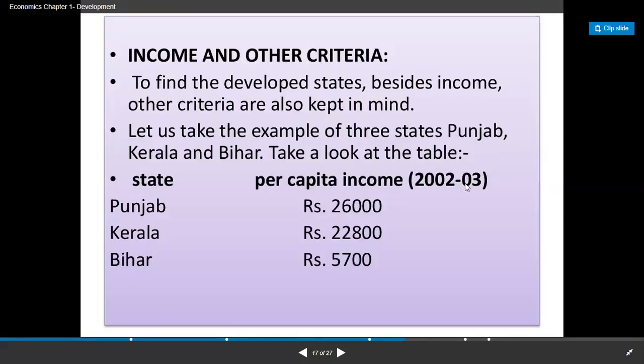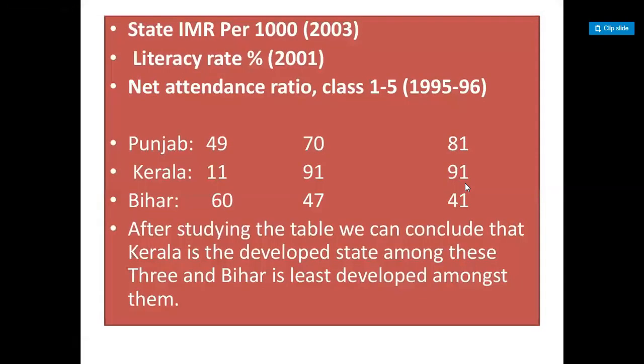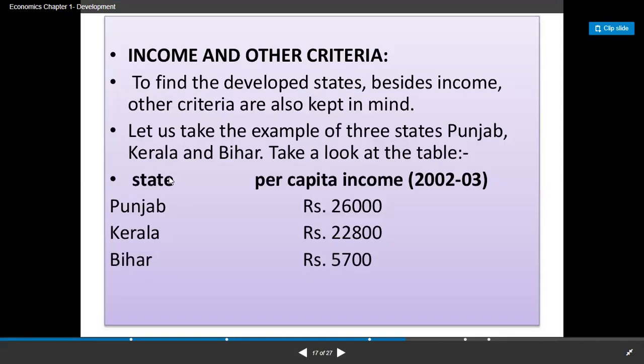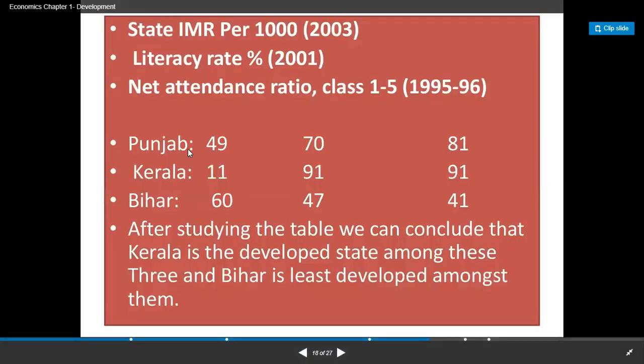So if we go by income, it is Punjab, and when we go by other criteria, it is Kerala. We will consider both, not only income but also the other criteria. By seeing the other criteria, we understood that Kerala is the developed state among these three.